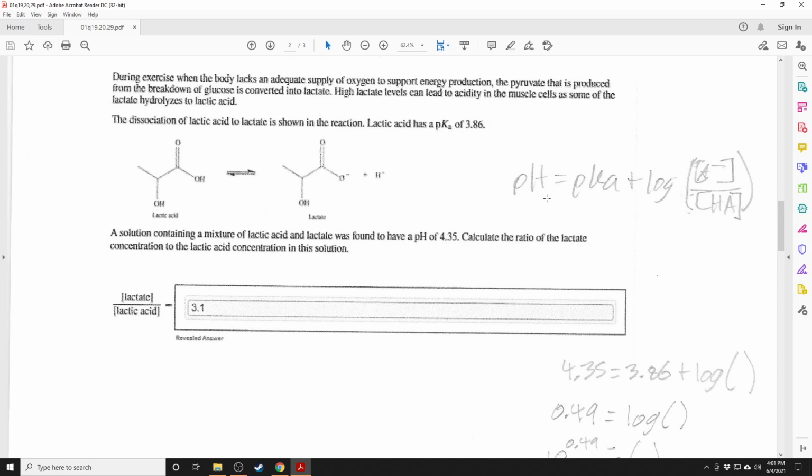There's the problem again. You'll see again, how do I know this is a Henderson-Hasselbalch problem? I want something to do with concentrations of my acid, or ionized portion of my acid, or not ionized portion of my acid, or something to do with that. And I've been given a pKa and a pH in some sort of buffer system. What does buffer system mean?